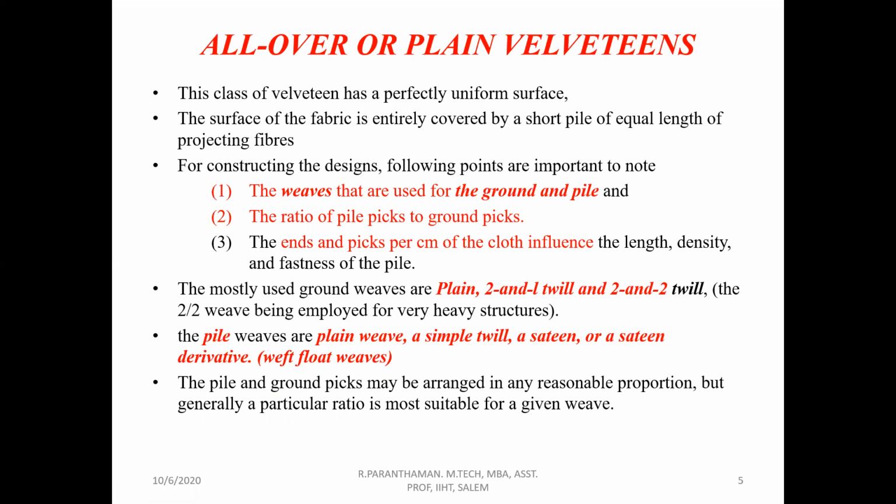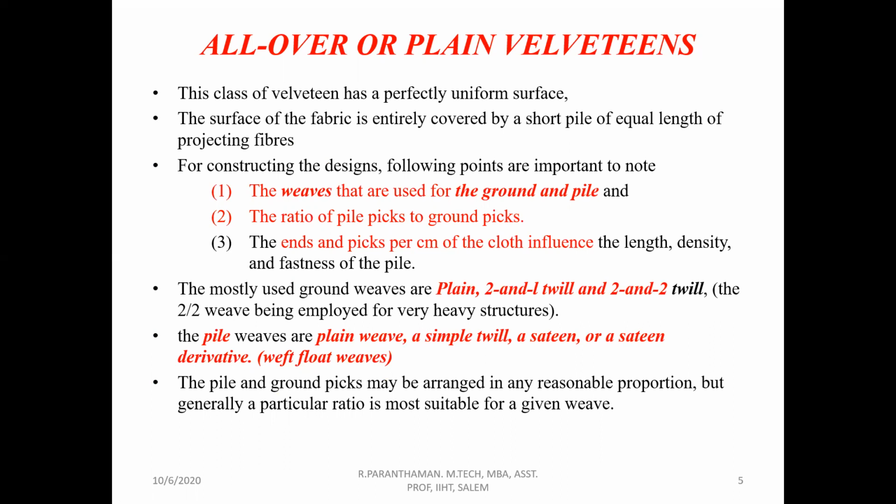Here, the mostly used ground weaves are plain, 2 up 1 down twill and 2 up 2 down twill. Normally, the 2 up 2 down twill is employed for heavy structures. Then the pile weaves are plain weave or a simple twill or certain derivatives.